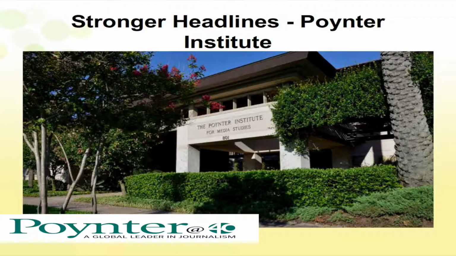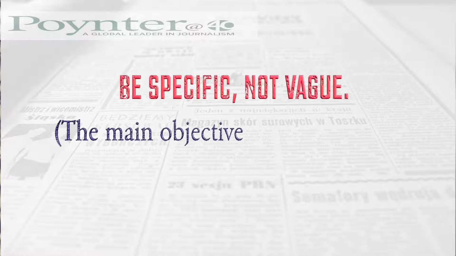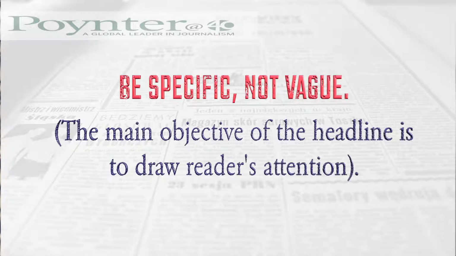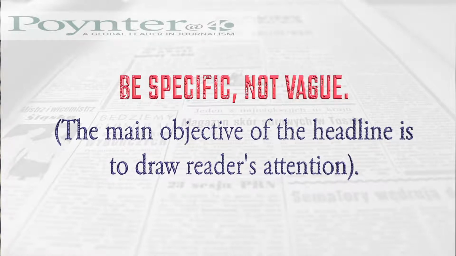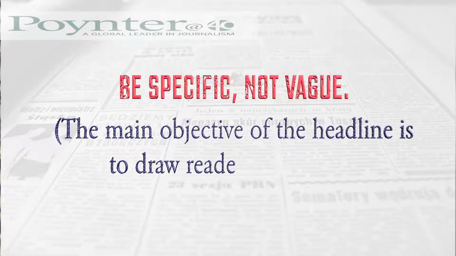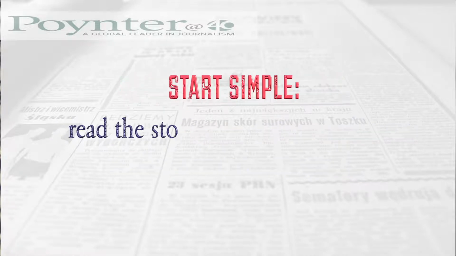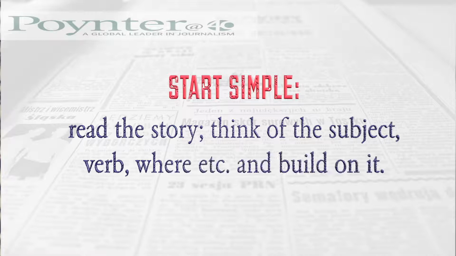Here are some tips. Let us first look at the tips for writing stronger headlines prescribed by Poynter Institute of Columbia. Number 1. Be specific, not vague. The intention of the headline is to draw readers' attention. Number 2. Start simple.